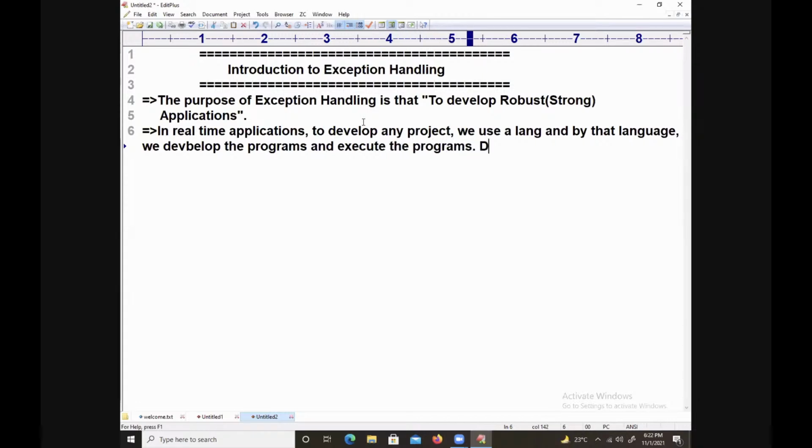During this process, we get various types of errors.